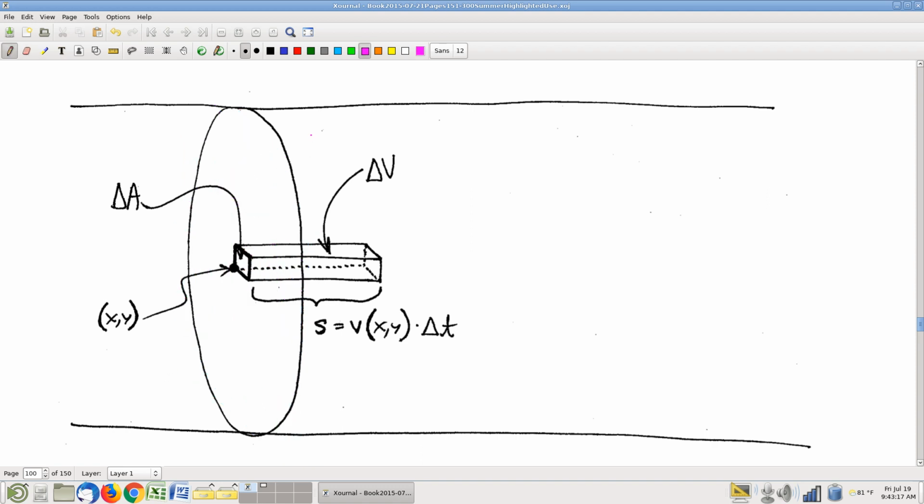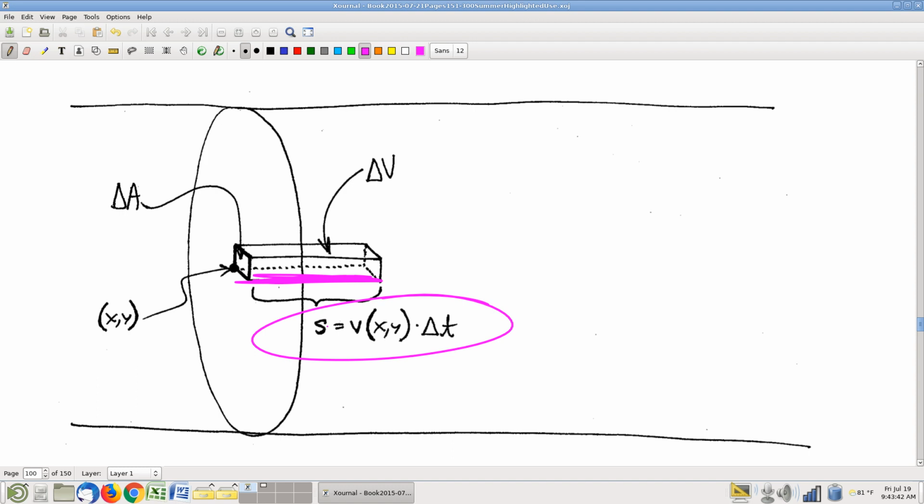Okay. So on each individual little piece, volume per unit time is a pretty straightforward calculation. I'm going to write down the volume that goes through it in a given amount of time, and then I'm going to divide by the time. Here's the volume. This distance here is just speed times delta t.